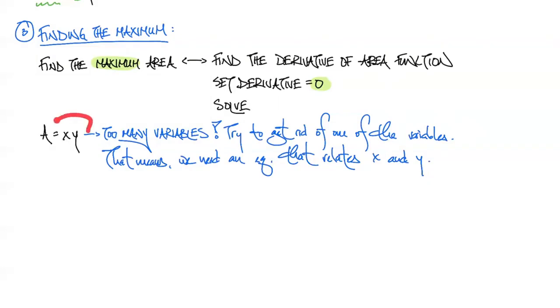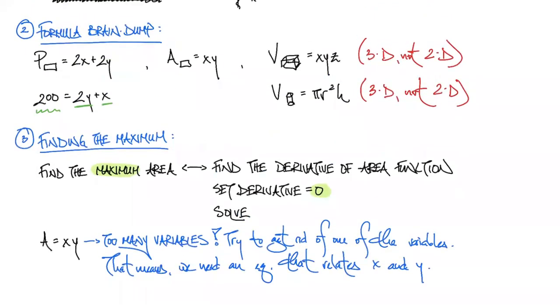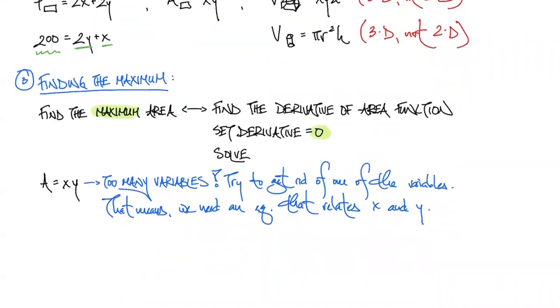So we have one right here, A equals xy, but we need to find another formula that relates x and y, okay? So we go back up to our formula brain dump. Turns out we did have another formula that relates x and y. I'm going to write that formula down right here.